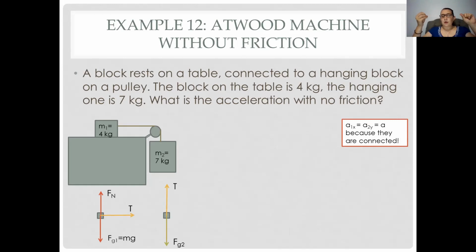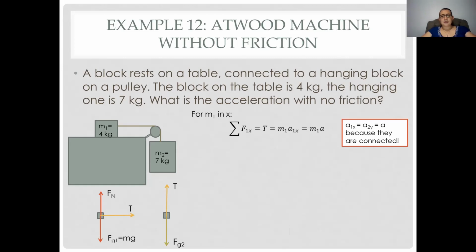So the acceleration that one block experiences is the same acceleration that the other block experiences. They'll move at the same time and with the same acceleration. So anywhere we see an acceleration in this problem, I'll just plug in the variable a because it will be the same acceleration for both blocks.